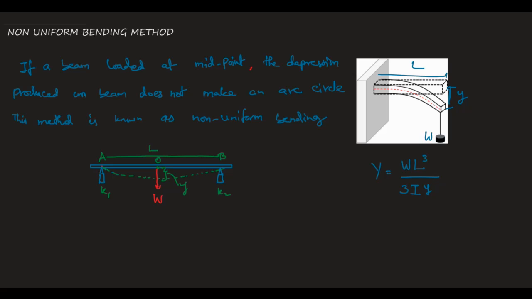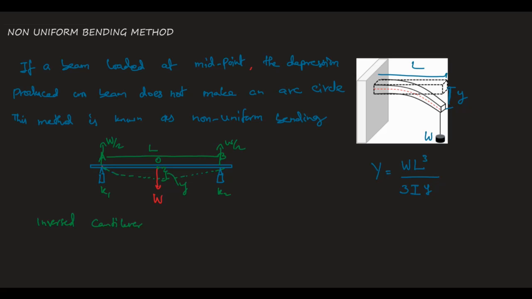This bending is like an inverted cantilever. How? Because at this point a weight acts on one side, and at point B a force acts.